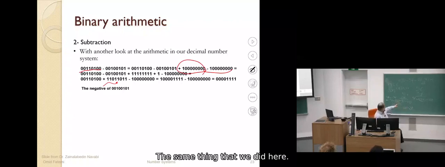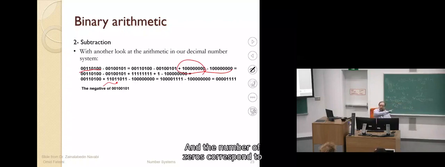The same thing that we had here, we added 100 minus 100. Here we add 1 followed by zeros, and the number of zeros corresponds to the number of digits. Okay? So what happens here?